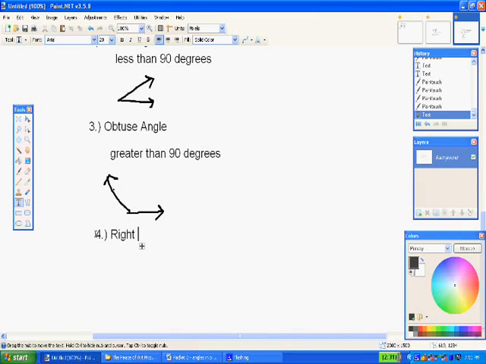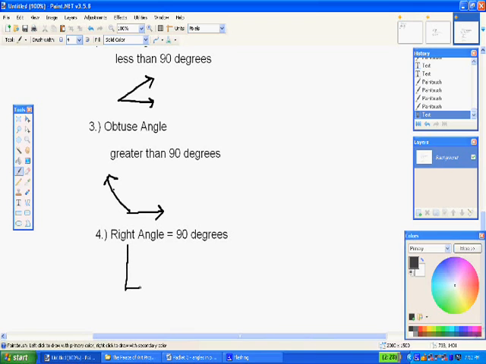This one you should all know. Right angle. A right angle equals 90 degrees. And it looks like the corner of a piece of paper. We represent it using a square symbol. To represent a right angle, we use a square.